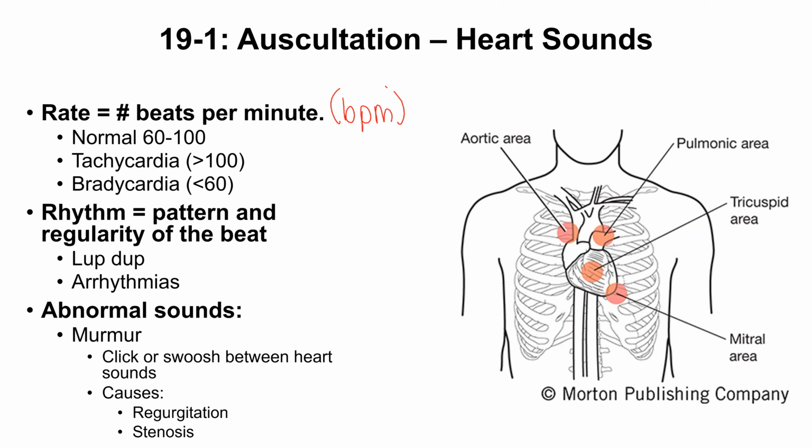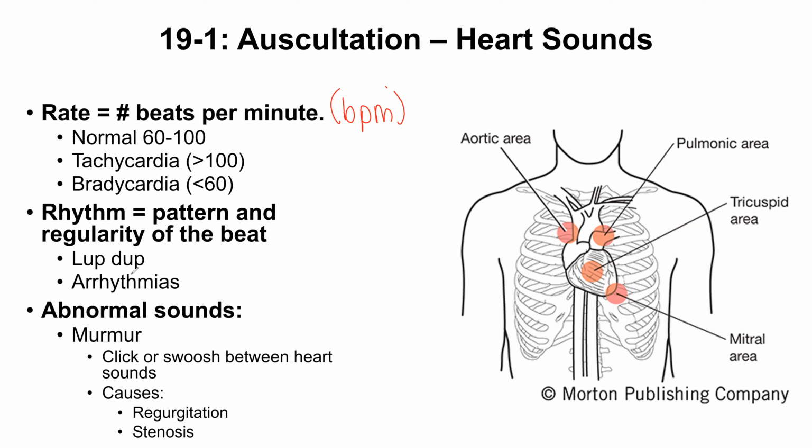Now, when it comes to rhythm, this is going to be the pattern and the regularity of the beat. It should sound like lub-dub, lub-dub. However, if we're talking about an irregular rhythm, it might be lub-dub, lub-dub-lub-dub, lub-dub.